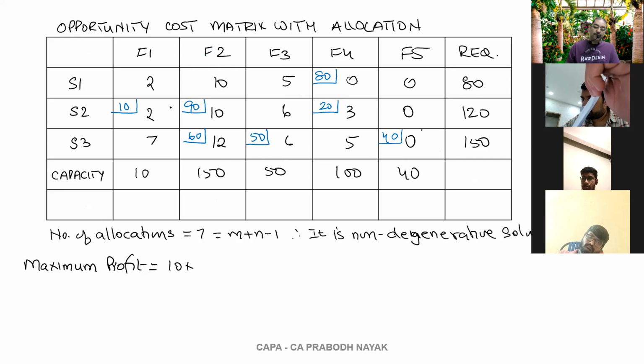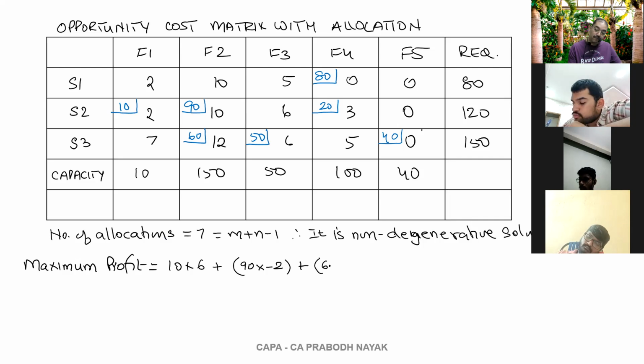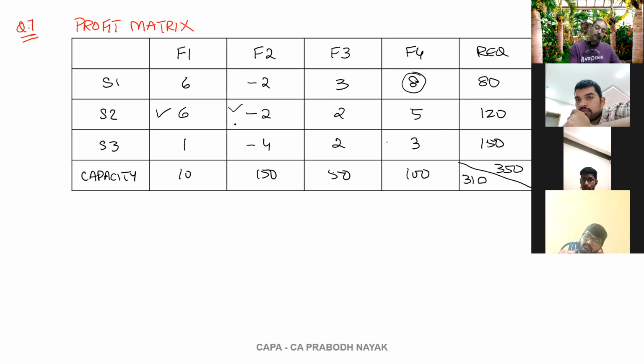So 10 into 6 plus second column, 90 into, what is the profit there? F2 S2. 90 into minus 2, plus 60 into, sorry, 60 into minus 4. This one and this one.